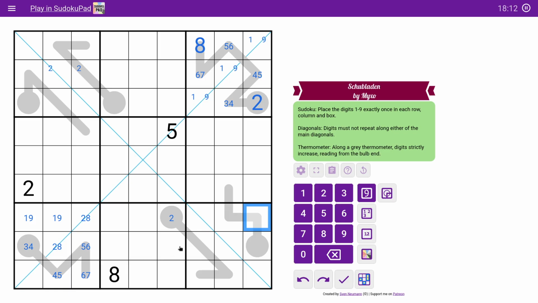Now down here, none of these are 2. This is not 2. These cannot be 2. This cannot be 2 because that's not 1. That tells us we have a 2. Now that puts an 8 here, here, and obviously it's not there.